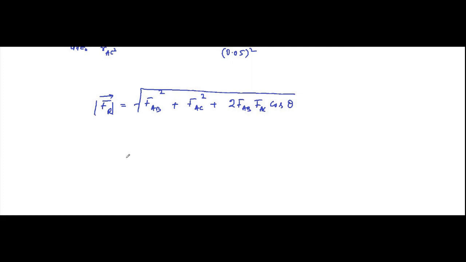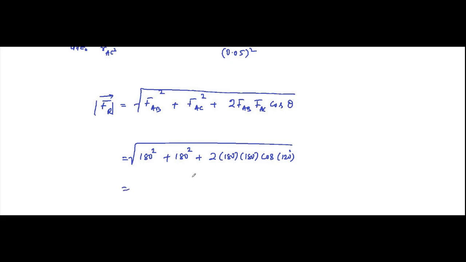So here it will be 180 square plus 180 square plus 2 into 180 into 180 cos 120 degree. That equals 180 square plus 180 square plus 2 into 180 whole square times minus 1 by 2, which gets cancelled, and it will only be 180 Newton.